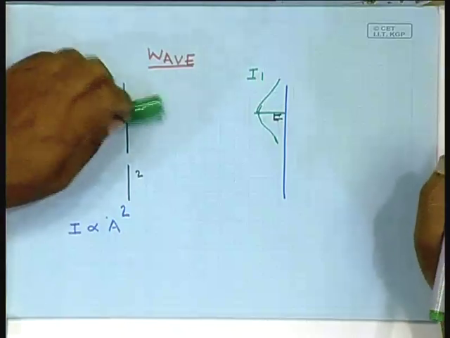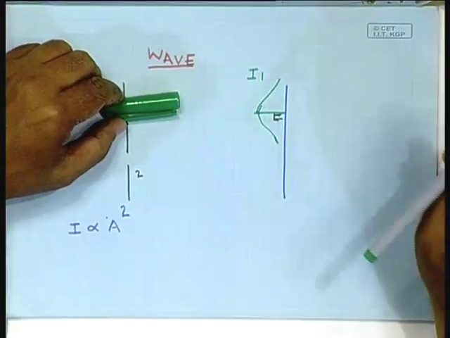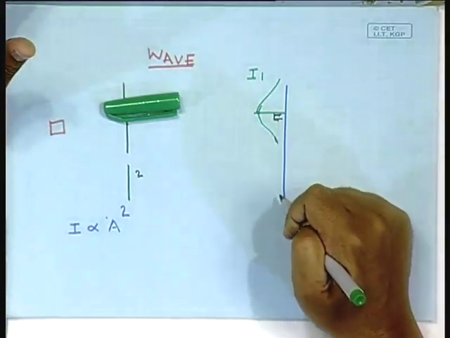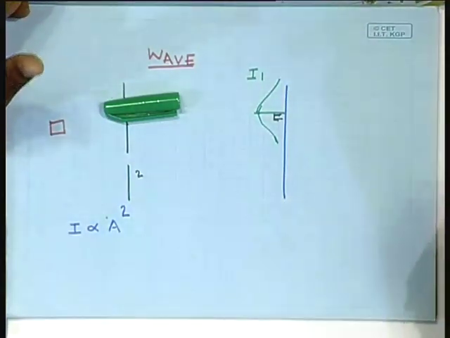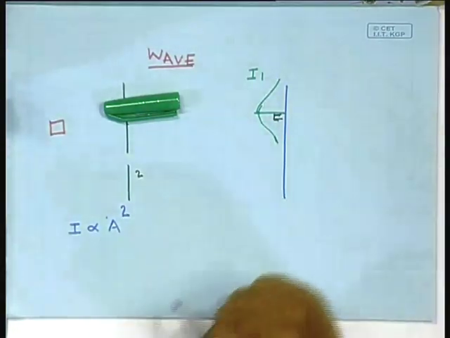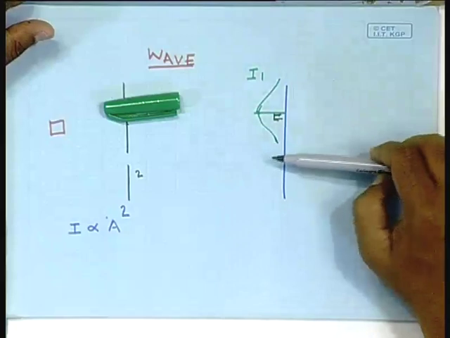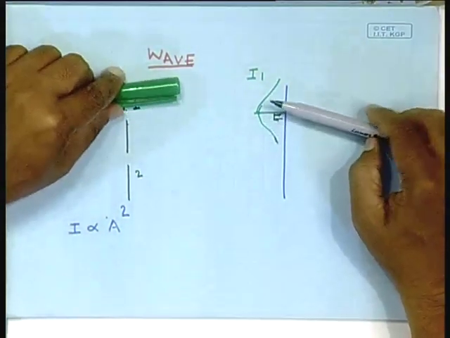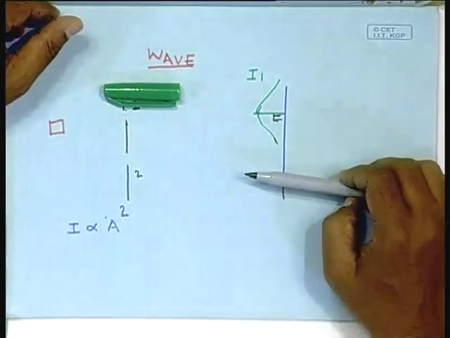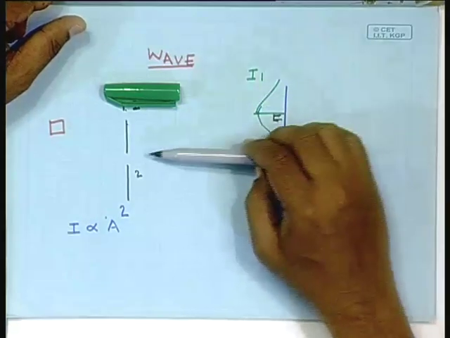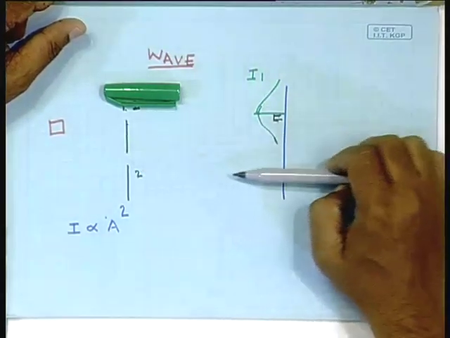Now, suppose I close slit 1 and open slit 2 and repeat the same exercise. So, if I measure the intensity on the screen over here, the question is, what do we expect the intensity pattern to look like? The intensity pattern is essentially going to be exactly the same as when slit 1 is open, but the whole thing is going to be shifted down, so that the center where the intensity is maximum is just behind slit 2 now.